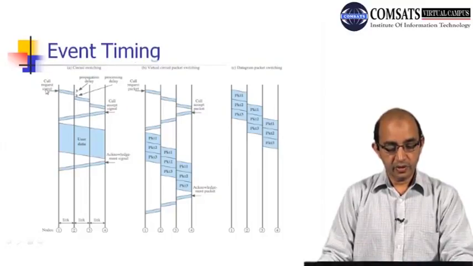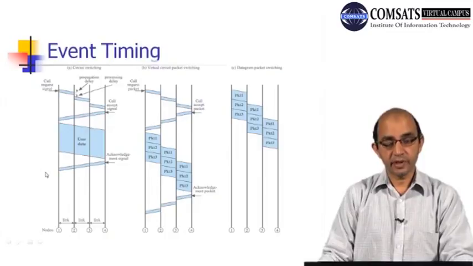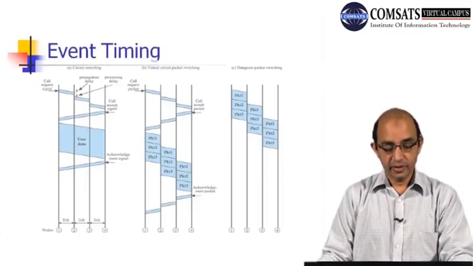You can see the call request signal, then here we have the propagation delay and processing delay. Call accept signal, right? Now the actual data starts here, and then acknowledgement is sent, right? And the resources are free after the circuit is disconnected.